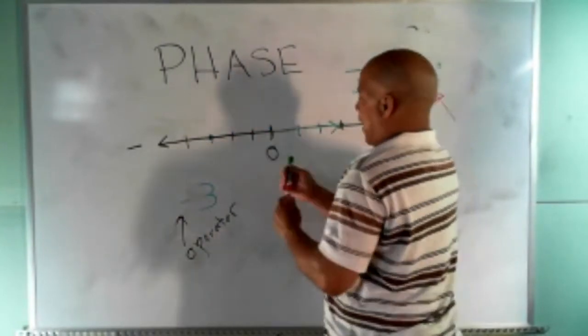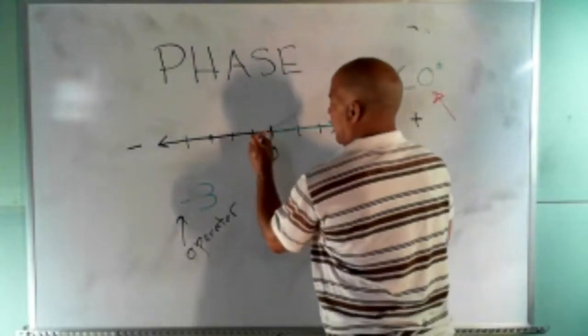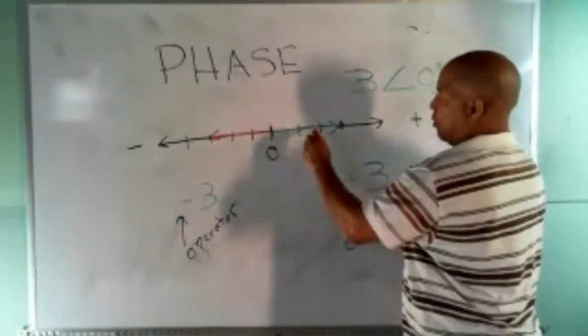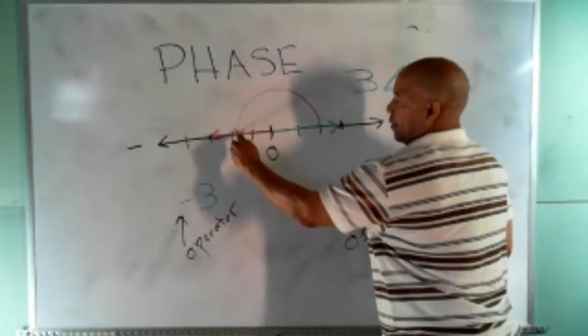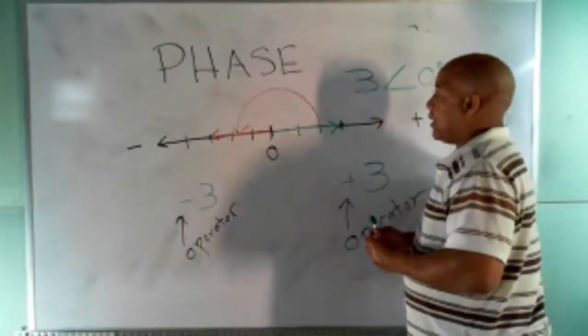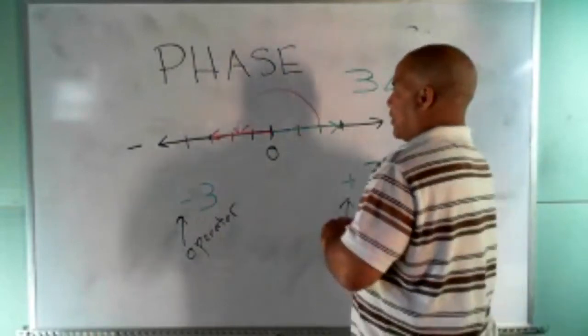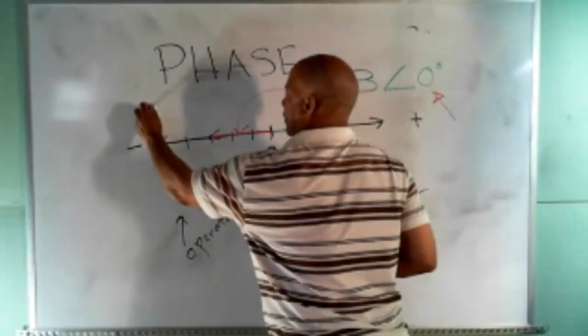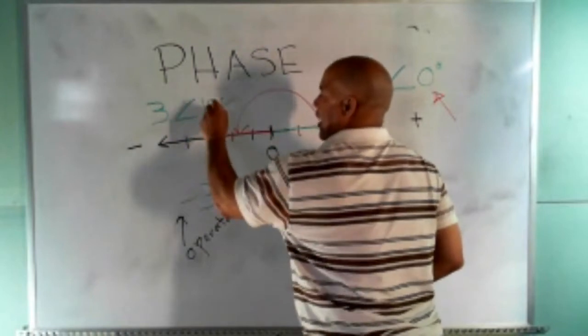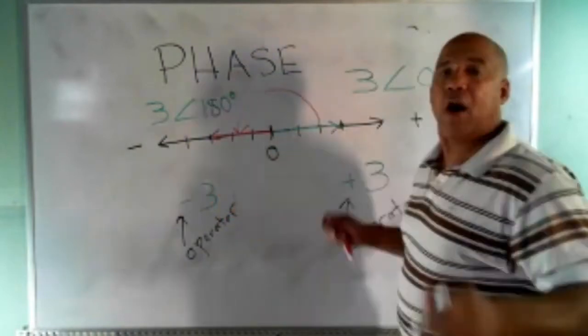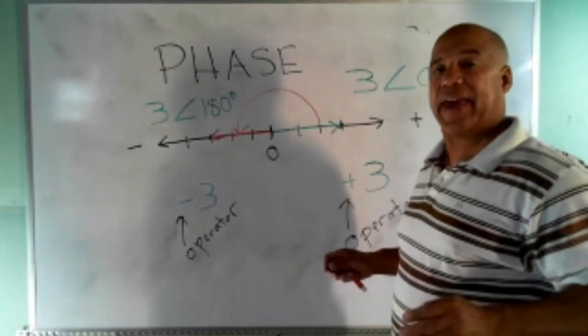To get it over there, I had to move it all the way over here, and that's 180 degrees. So the way I would write that is I went over 3 units, but my phase is 180 degrees. So all quantities have phase.